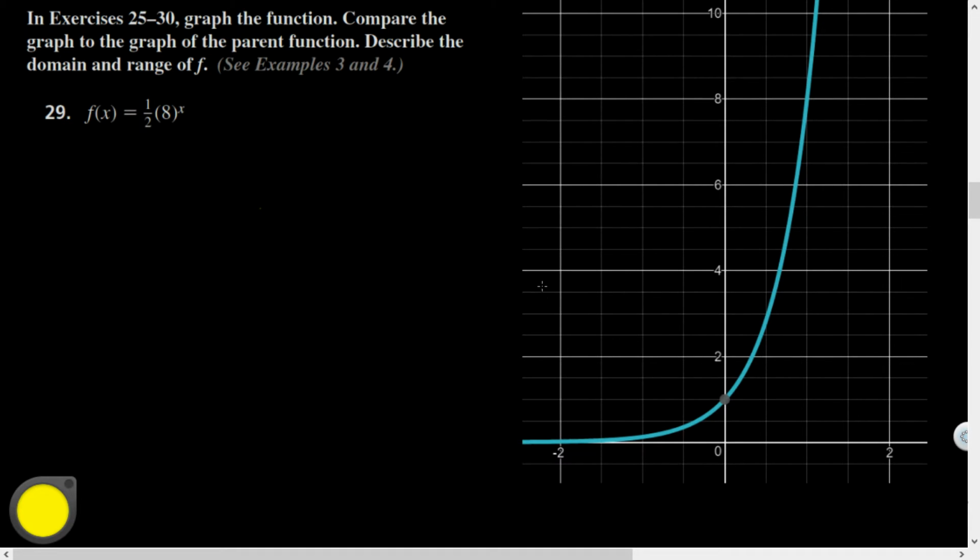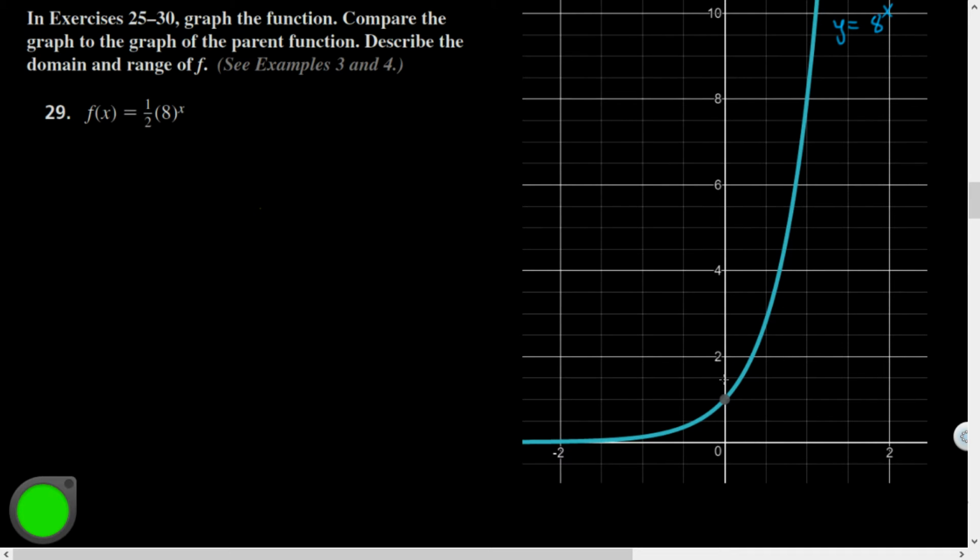So let's see. It says graph the function and compare the graph to the graph of the parent function. So this parent function that I have here, this is y equals 8 to the x. And now the question I'm wondering about is, what does multiplying this by 1/2 out front do? What do you think it'll do?